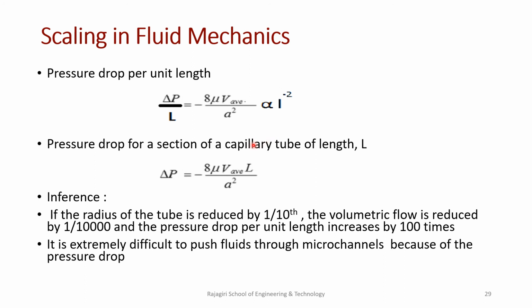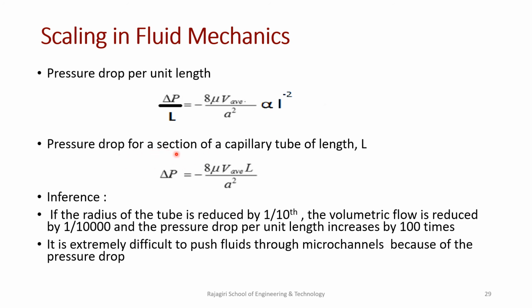From the expression for the volumetric flow Q, we can write the pressure drop per unit length, delta P by L, as equal to minus 8 mu into V average by a square. So here mu and V average will be constants since the velocity of the fluid will be constant for a constant radius. And so the pressure drop per unit length will be dependent only on a square, and a is proportional to L. So delta P by L will be proportional to L raised to minus 2.